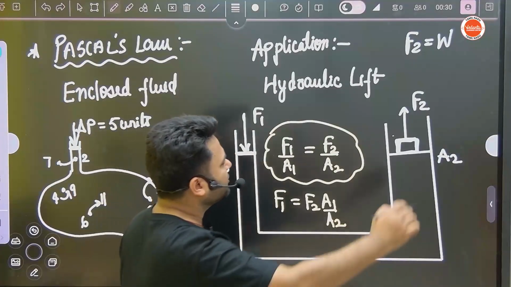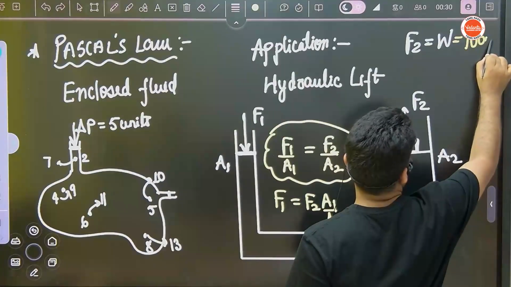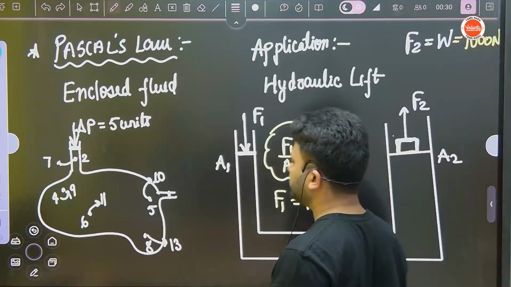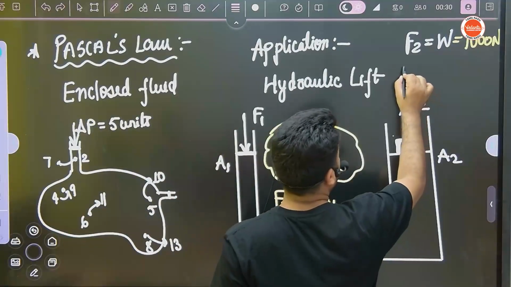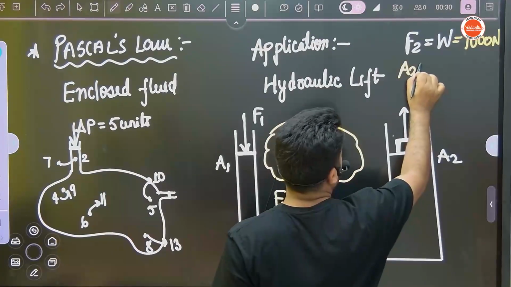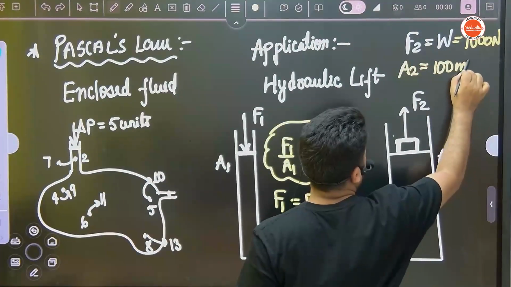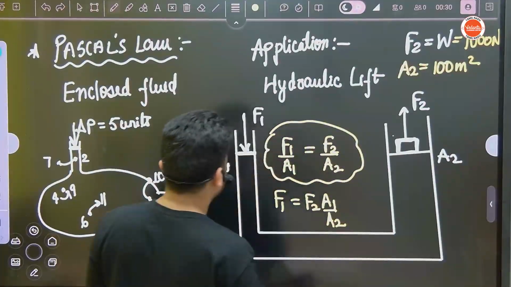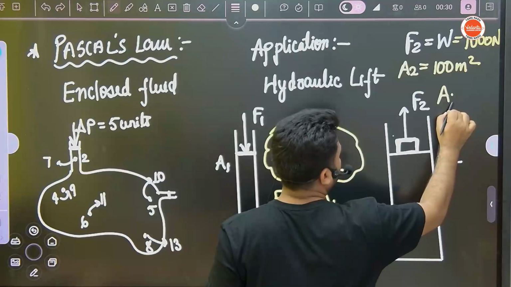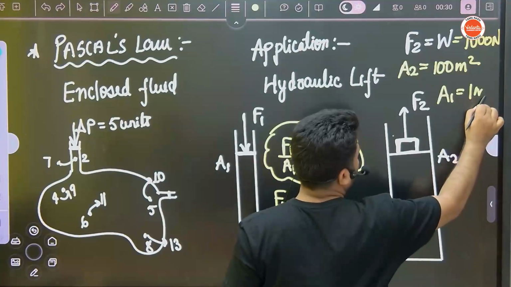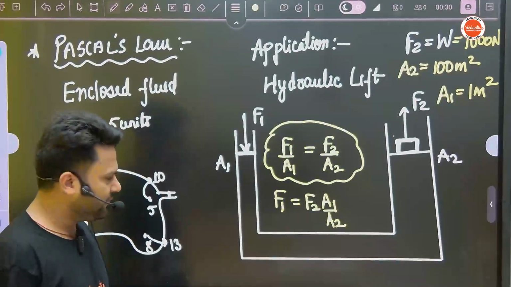Now suppose the weight of the car is 1000 Newton. Suppose this A2 is 100 meter square. This area is broad, this area is small. So suppose A1 is 1 meter square. Can you calculate F1? How much force do we have to apply?